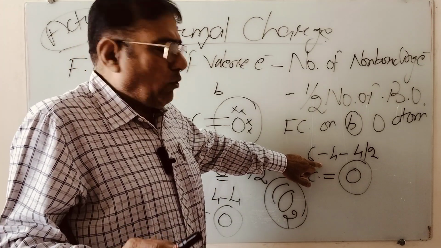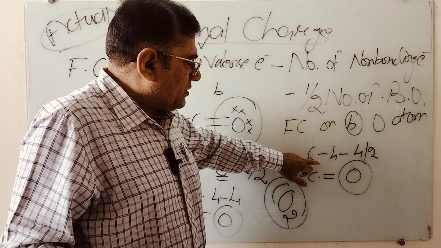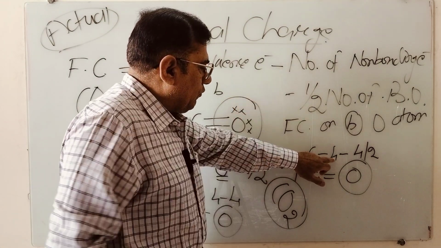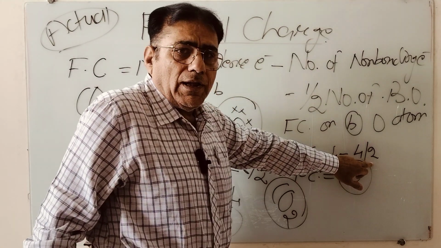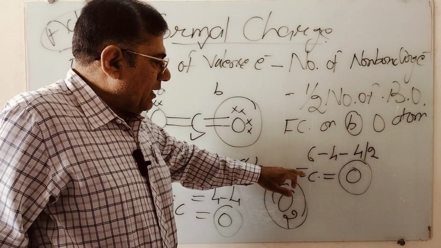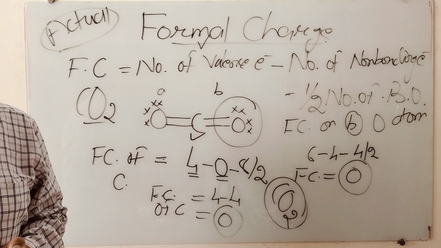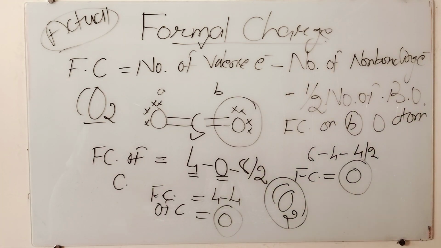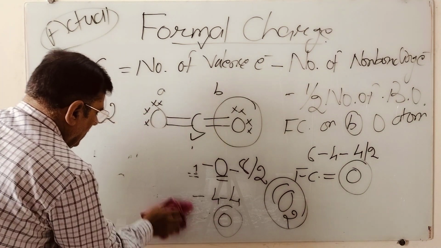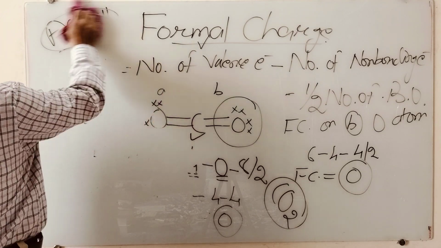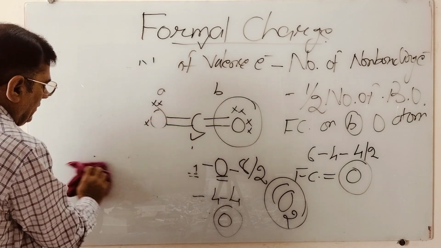So if we say old group, valency electron is the correct term: 6 minus non-bonding electrons 4 minus half the number of bonding electrons 4 by 2, that is 6 minus 4 minus 2, that is 0. So the formal charge on both oxygen and carbon is 0. Now I take another example so that you can understand in a better way.